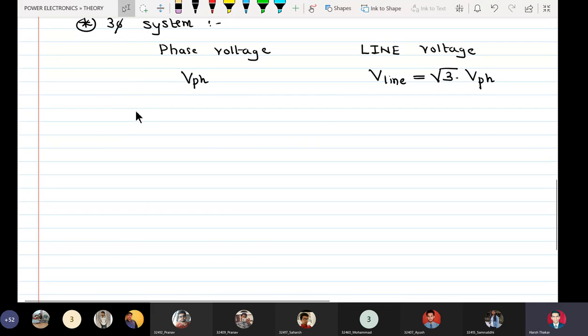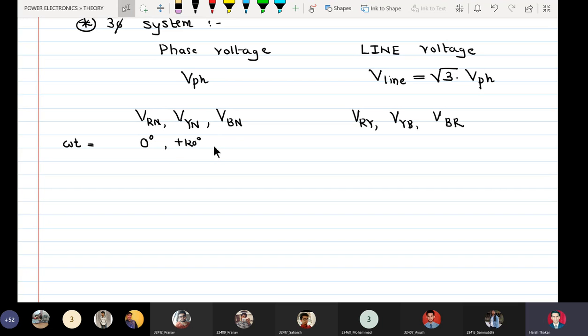In a three-phase system, we have three phase voltages: R phase with respect to neutral, Y phase with respect to neutral, and B phase with respect to neutral, while line voltages are those between R and Y, Y and B, and B and R. The three phase voltages are referenced like this: if omega t equals 0 degrees for R phase, then Y phase will lag it by 120 degrees and B phase will lag it by 240 degrees.